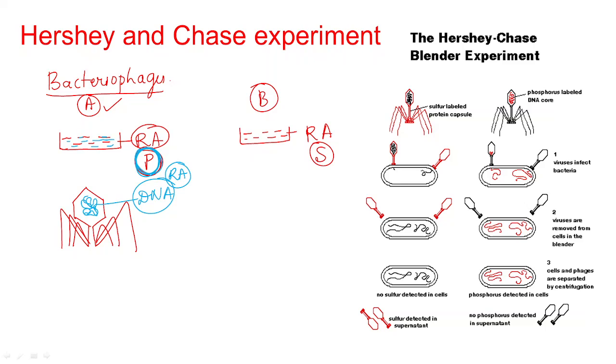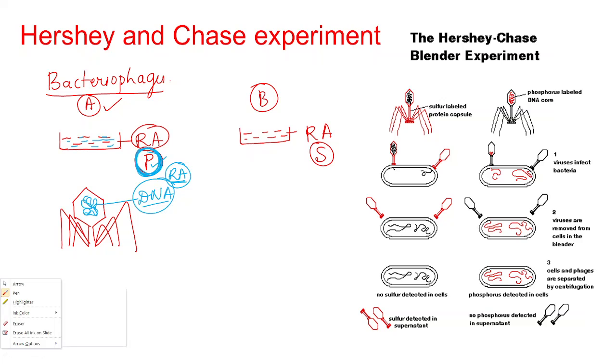Since the medium was containing radioactive phosphorus, they have developed their DNA as a radioactive molecule. Why? Because the DNA contains a phosphate group, and since this phosphate group is radioactive in the medium, the newly formed DNA became radioactive in nature.